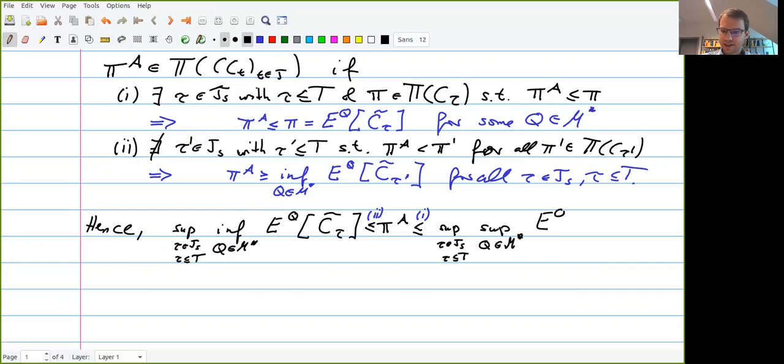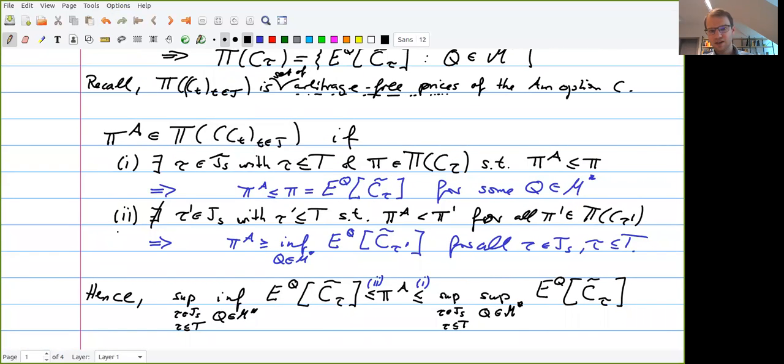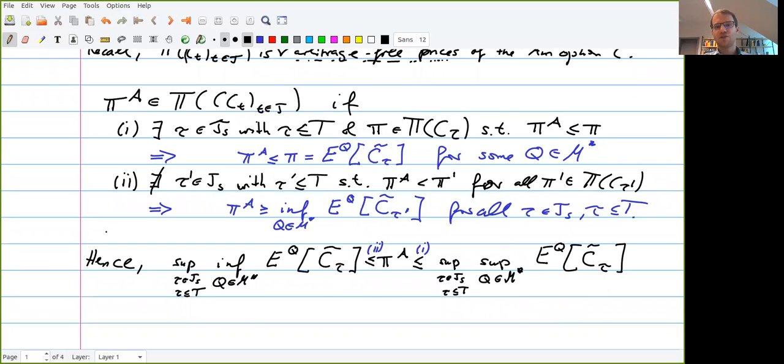So what do I get here? I get the upper bound given by the supremum of all exercise strategies, and then the supremum of all martingale measures of the discounted European counterparts. So these are the prices of the European counterparts generated by stopping with respect to tau. Okay. So what you see is if we take any arbitrage-free price of the American option C, it has to lie between these two expressions.